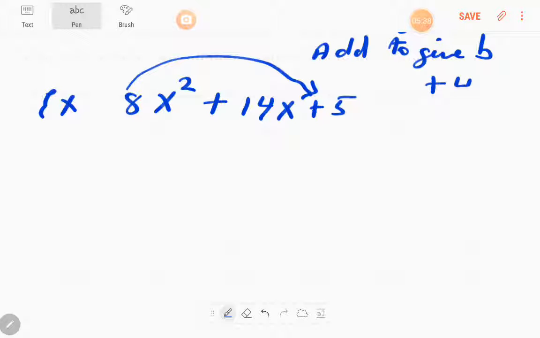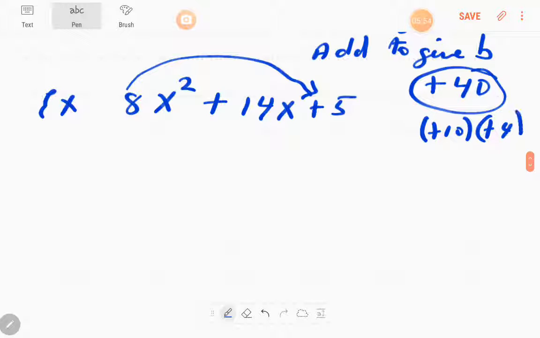So we have plus 40. We're going to look at all the numbers that multiply to give 40 and which pair adds to give 14. So if we have plus 10 and plus 4, 10 times 4 gives 40, and if you add 10 and 4, that gives you 14.